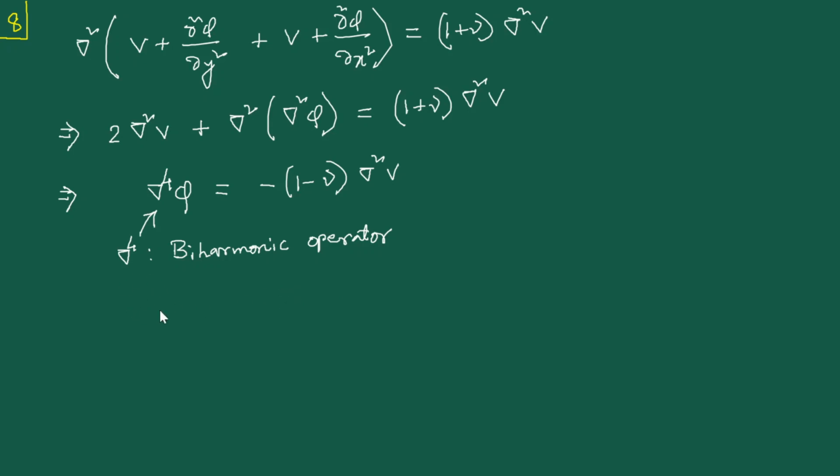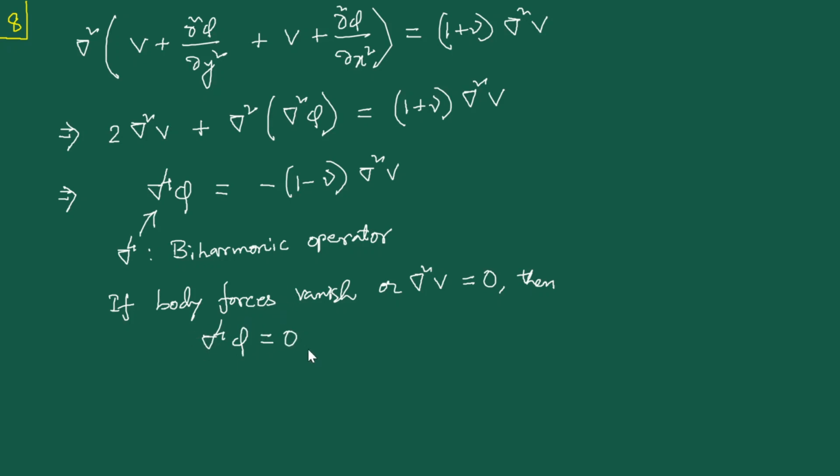So overall, in the special case that the body forces vanish, or del square V is equal to 0, then del 4 phi is equal to 0.